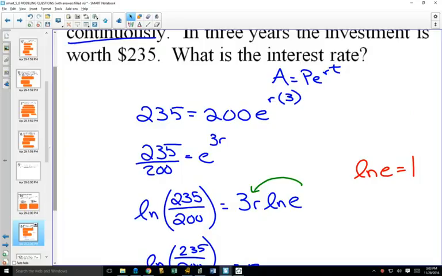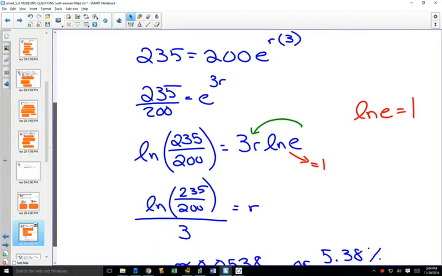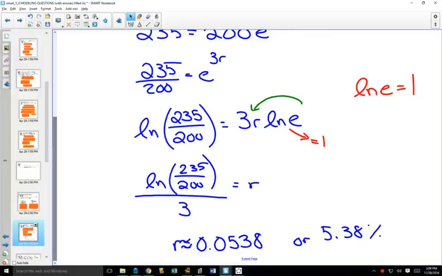So when I bring that 3r out in front, this part right here is equal to 1. And then to solve for r, all I need to do is divide by 3. Plug that into our calculator and you get 0.0538, which is 5.38%.